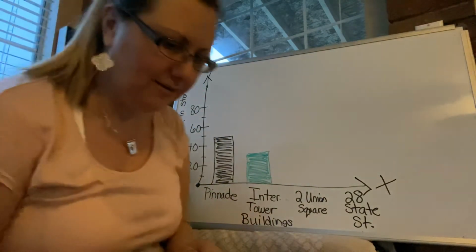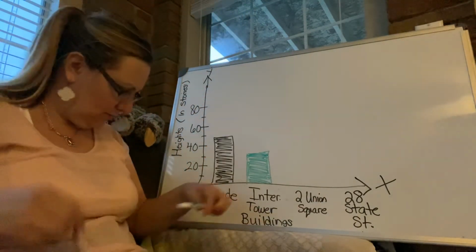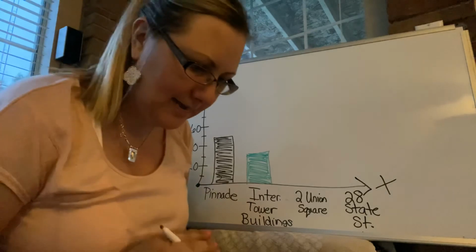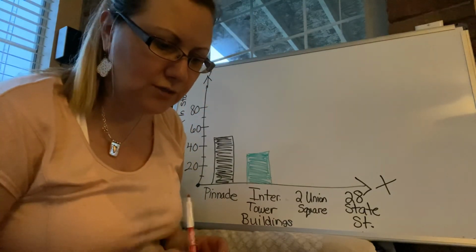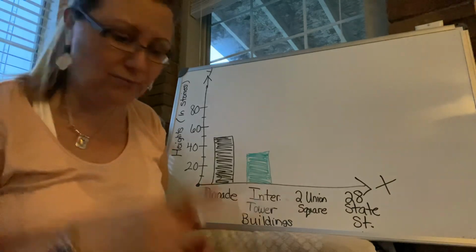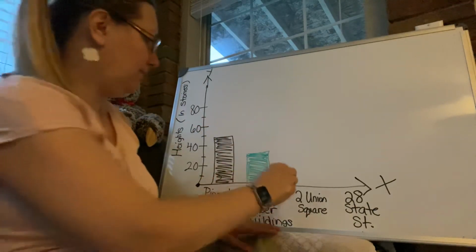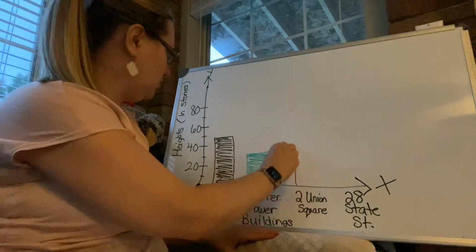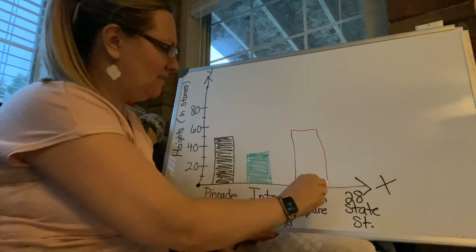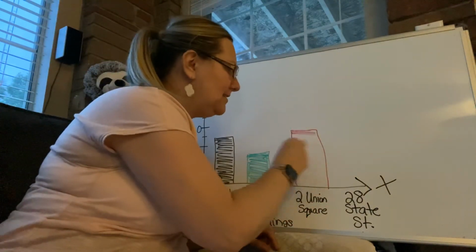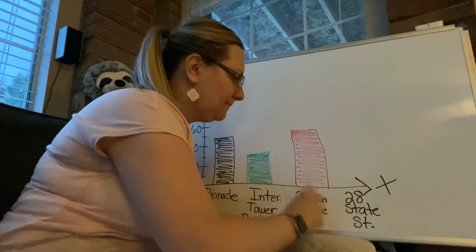Well, which building's tallest? 2 Union Square is at 56. So let me switch us maybe to red this time. And we have 2 Union Square in Seattle, Washington, where it rains a ton. I know I sound like a weather person right now. Let's see, let's go up to about 50, not quite 60, but what would be 56, and then color it in neatly.